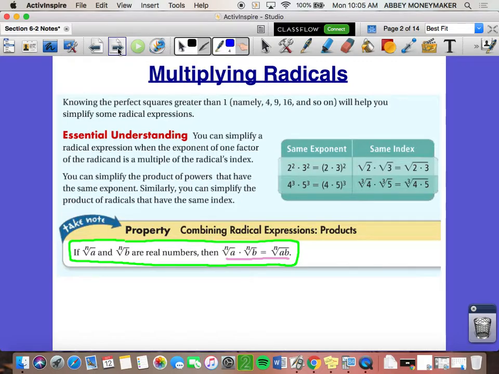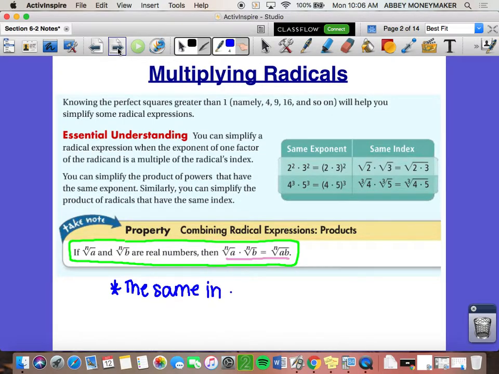We don't even really need to get hung up there because what you need to know is highlighted down here in the green. If you have the nth root of A and the nth root of B, and you want to multiply them together, all you have to do is multiply the insides together. The key here is when you are multiplying, you have to have the same index.